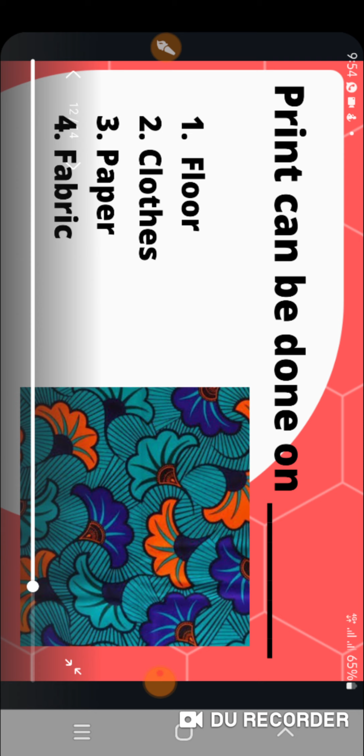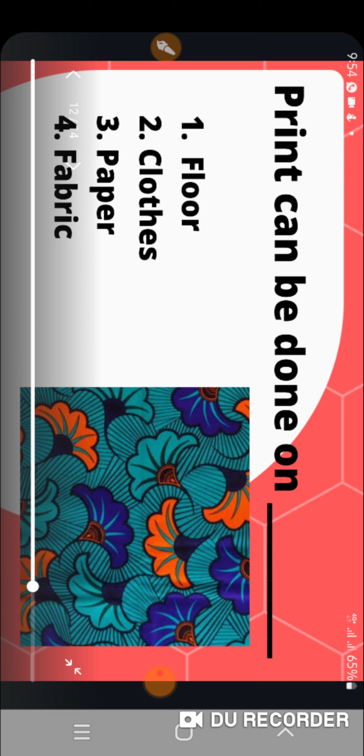Correct. Even on the floor. Yes, you can do it. Even on clothes. Look at your clothes. Even on the floor, yes. One of these is a motif.